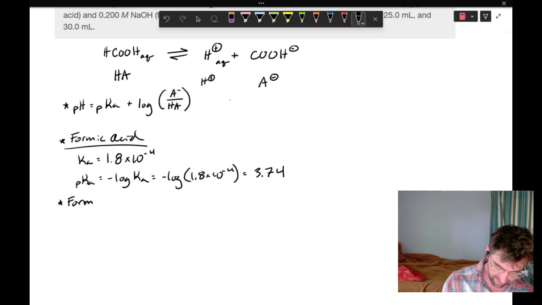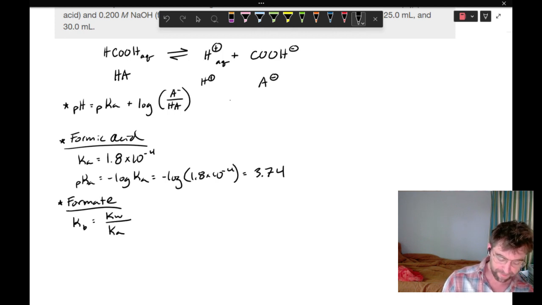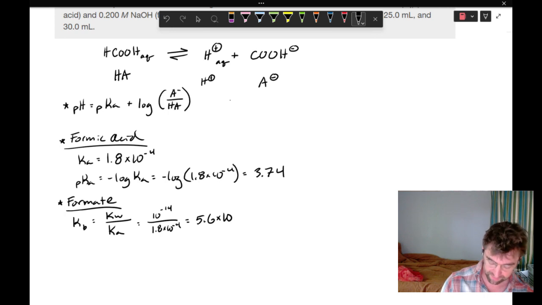Now formate, which is our conjugate base to formic acid, we can determine its Kb value. This won't be immediately important, but it will be in a bit. That's Kw, the ionization constant for water, which is 10 to the negative 14, divided by the Ka value, which is 1.8 times 10 to the negative 4, gives you 5.6 times 10 to the negative 11.